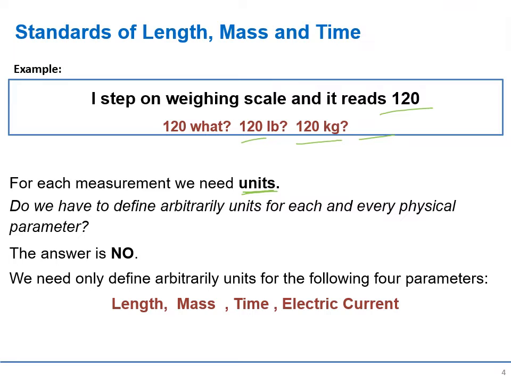So we need only define a few units for the following parameters: generally length, mass, and time, and sometimes we use electric current as well. But generally we use length, mass, and time as our base units.